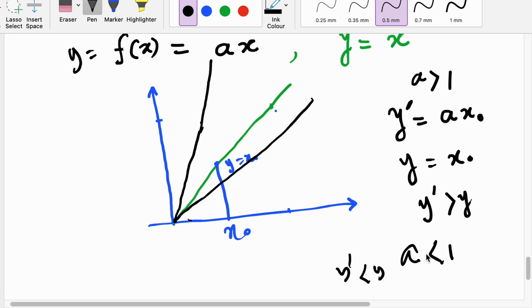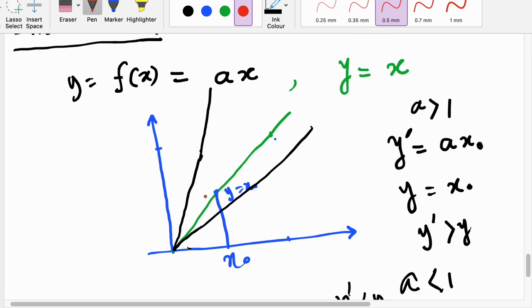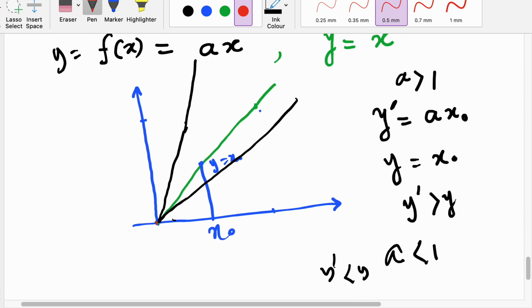Depending upon the value of a, which is the tangent, or slope, of the line, the tangent of this black line will be different. Now what is the fixed point? The linear map has only one fixed point, which is x equal to 0.